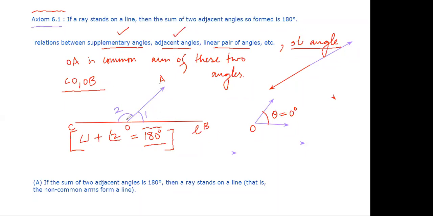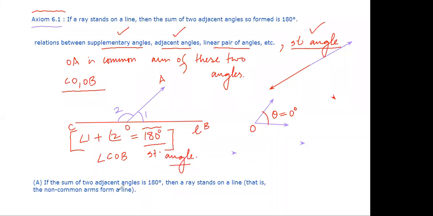This is a linear pair of angles, which means it's a straight line with a ray on it. Angle 1 plus angle 2, or angle COB, is a straight angle.